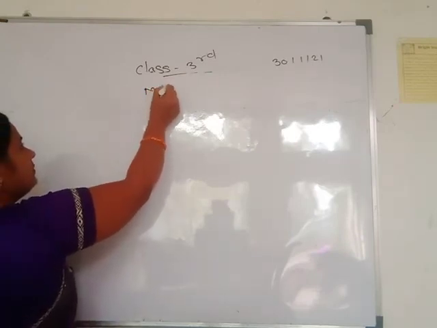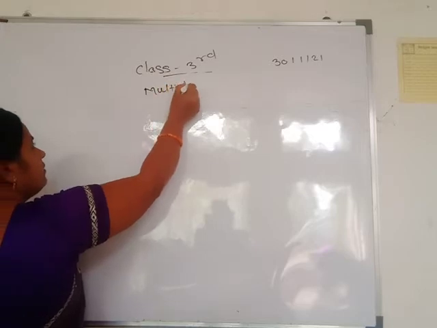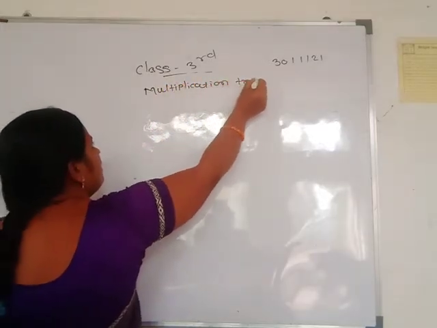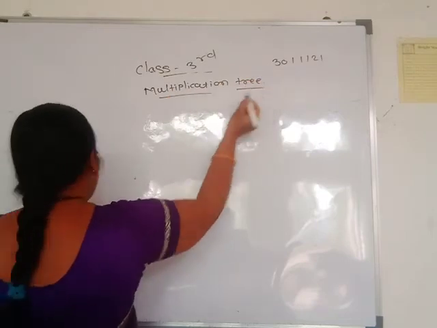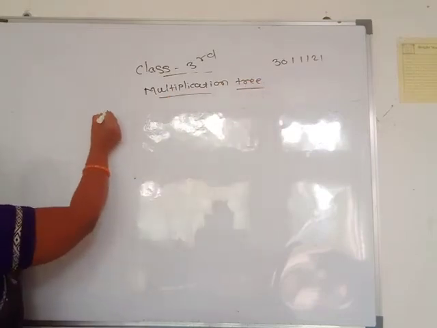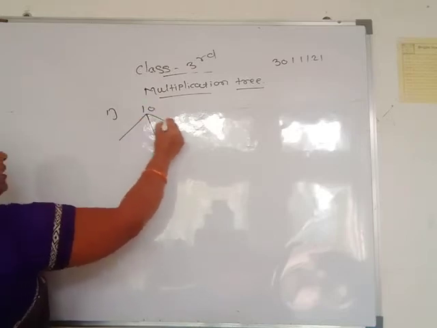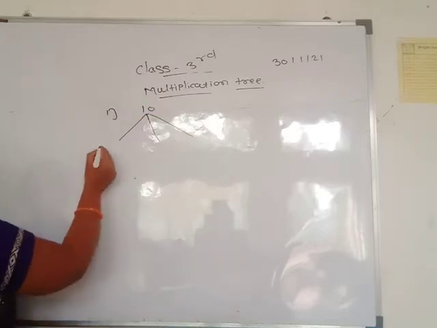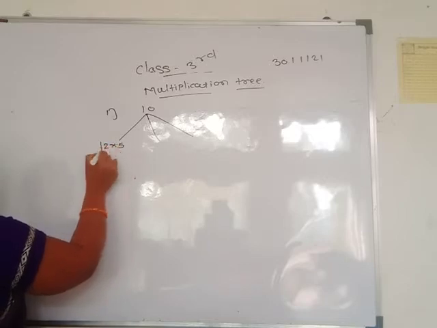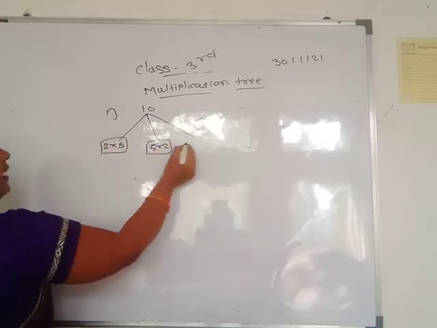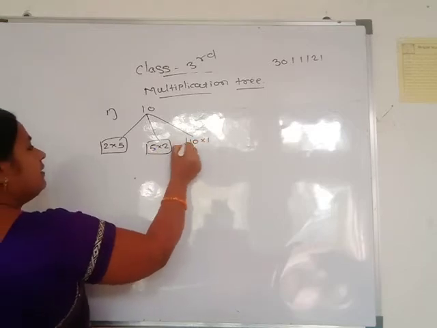Multiplication tree. You see first, 10. For this multiplication, 2 into 5, 5 into 2, and here write 10 ones are 10.